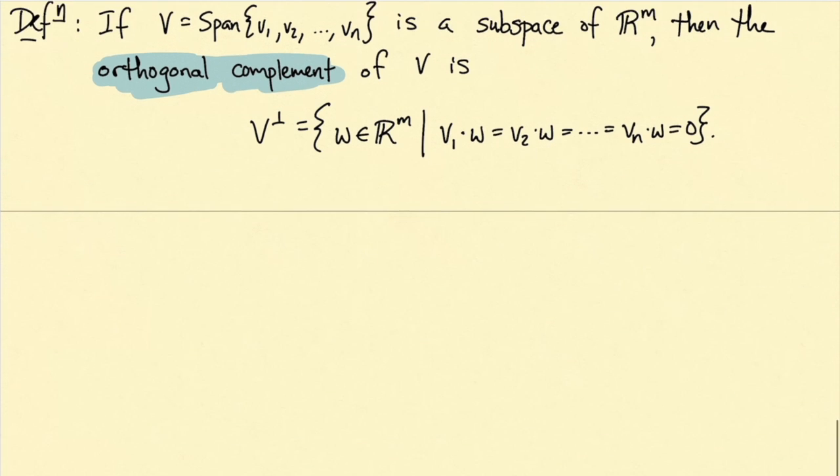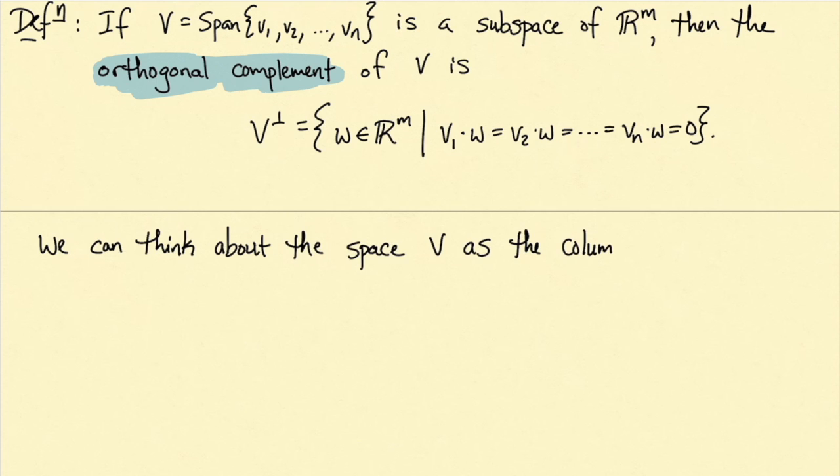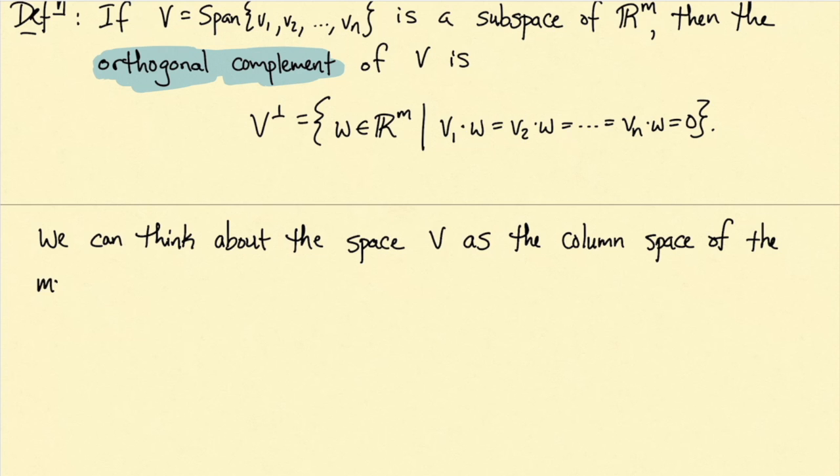So we can think about the space V as the column space of the m by n matrix A, whose columns are v1, v2, down to vn.